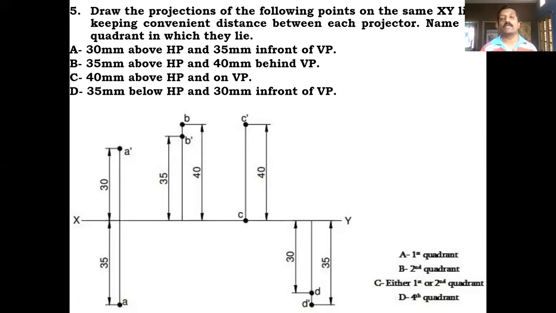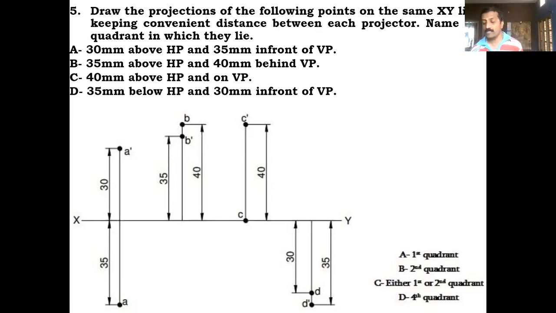No need to mention the HP and VP position, because for A the HP and VP position will be different, for B it is different, for C it is different, as well as for D. Only when you are drawing the projection of 1 point do you have to show the HP and VP. So here 4 points are there, that's why you can draw a common XY line. First you draw the XY line.